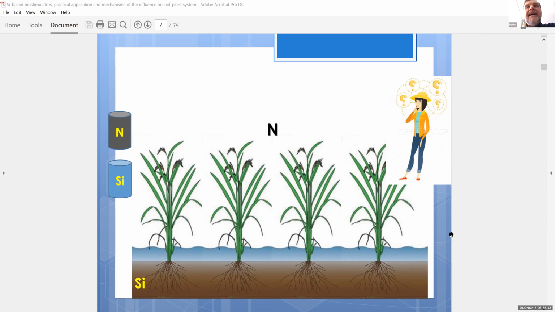But in our atmosphere, we have 70% nitrogen. Why do we apply nitrogen? And the farmers immediately say, oh, nitrogen in the atmosphere is gas, but we apply other forms of nitrogen. We apply active forms of nitrogen.